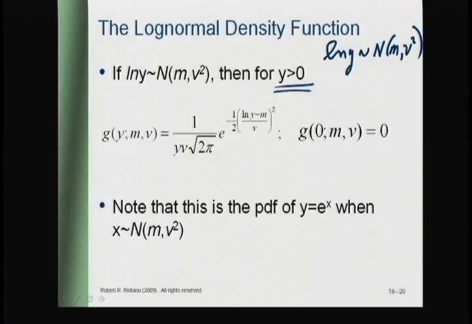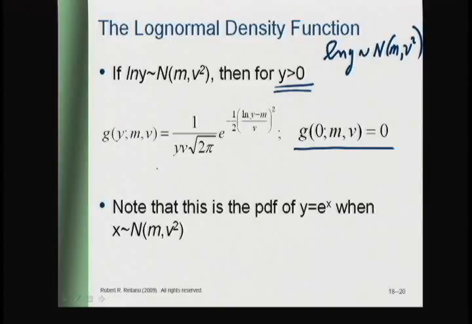So the log normal distribution is supported, or another way of saying it, it's only defined for y greater than or equal to 0. And of course, the value at 0 is 0, and that comes from the limit of what happens as the normal x goes to minus infinity. And we'll see a graph in a moment. So at 0, it's defined to be 0 because that's the limit of this function.